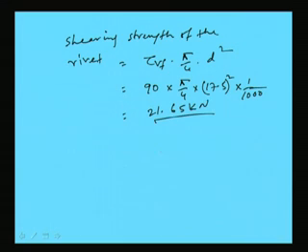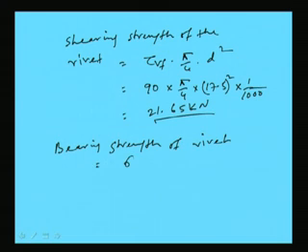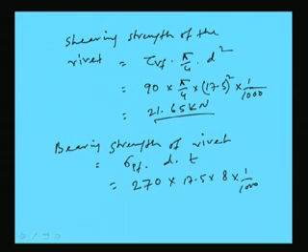So, due to shear, the strength of rivet is coming 21.65 kilonewton, and for bearing, strength will be sigma Pf into d into T, and the value of sigma Pf as per the Codal provision is 270 MPa, and d is 17.5 and T is the thickness of the thinner plate, that is 8 mm, and we are dividing by 1000 to make it kilonewton, right.